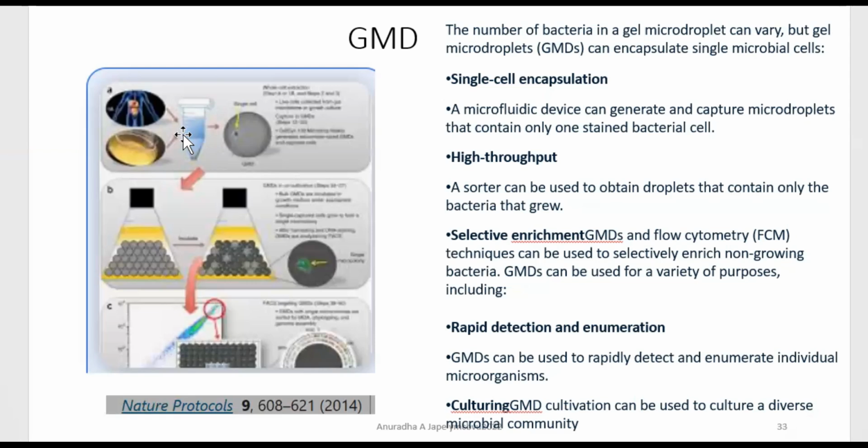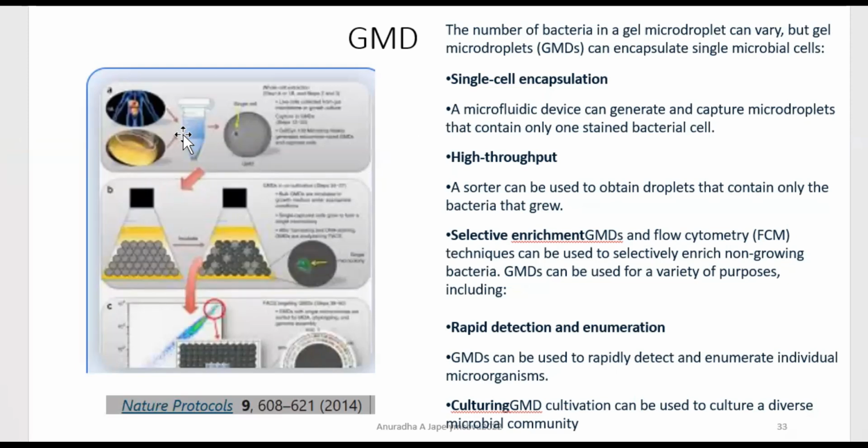So encapsulation can be done by microfluidic devices, and small fine micro droplets can be prepared, which are going to capture the bacteria of your interest. All right. Now, of your interest, that means you have to prepare it for all the bacteria which are present in it. If for example in a given sample there are 10 different species, you will have at least 5, 10, 15, 20, 100, whatever the number of cells per unit volume would be of the particular species.